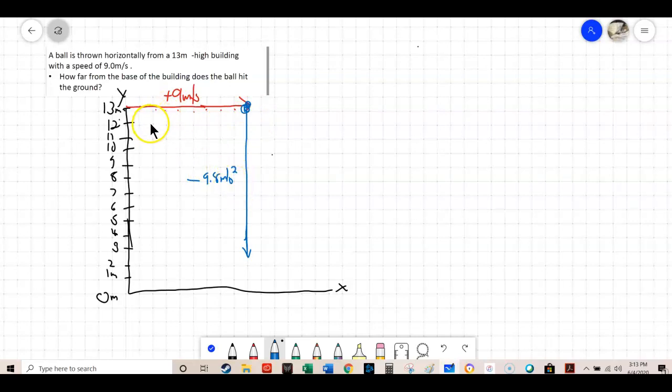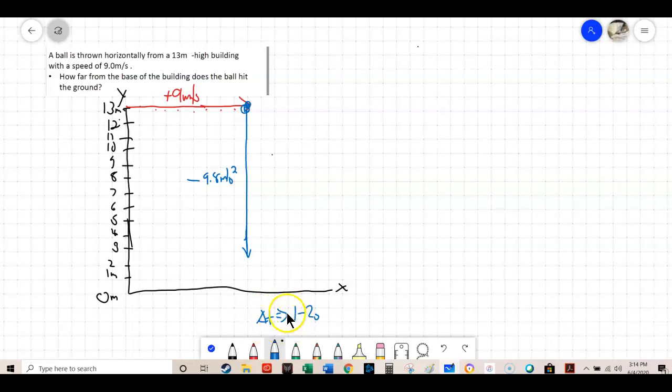Well, we could see from that that it's probably only going to take maybe one to 2 seconds to hit the ground. So if we get a delta t that is greater than 2 seconds, then there's probably a mistake.